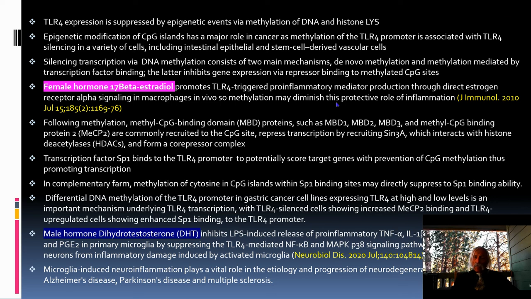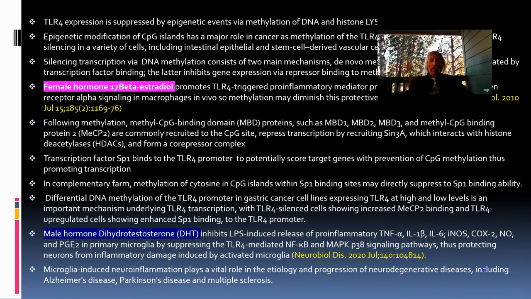So let's compare and contrast that to the male hormone. Male hormone dihydrotestosterone, DHT, inhibits lipopolysaccharide-induced release of many pro-inflammatory cytokines. So there's a male hormone, not a female, inhibiting the bacterial cell wall lipopolysaccharide, which normally induces a pro-inflammatory response.